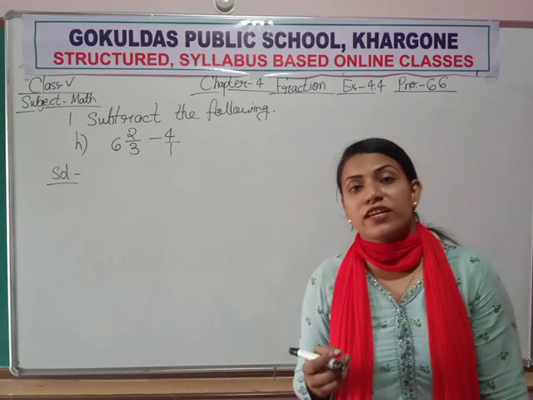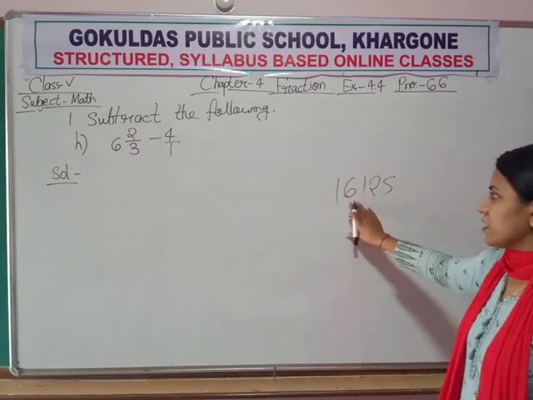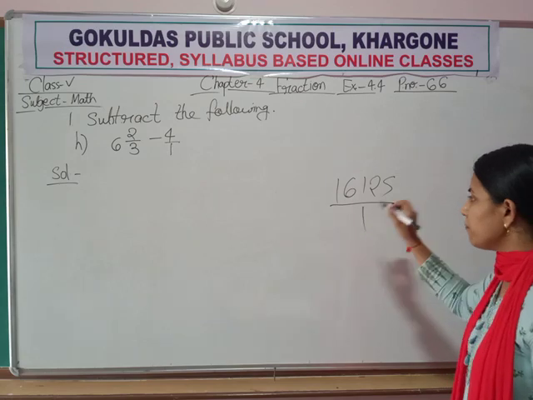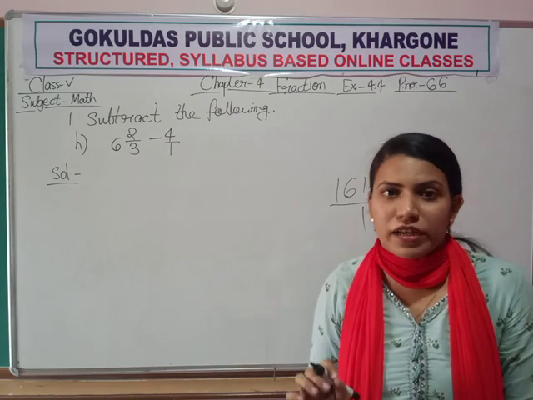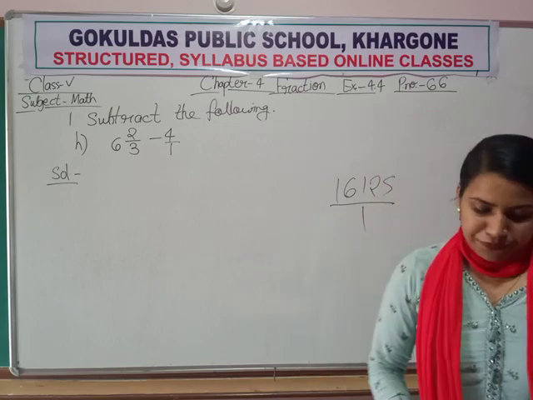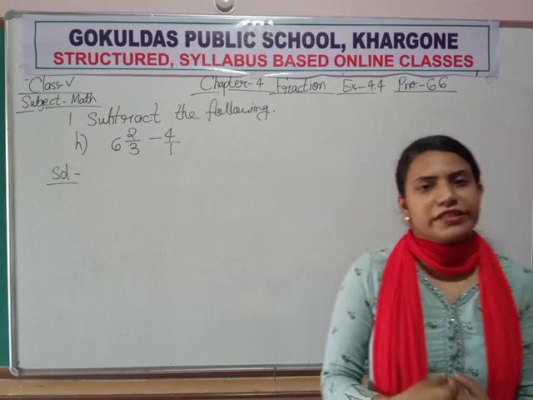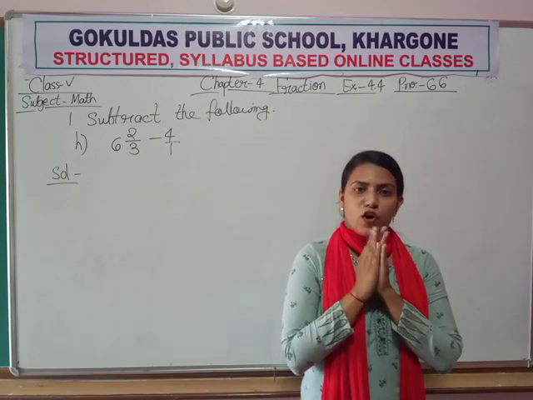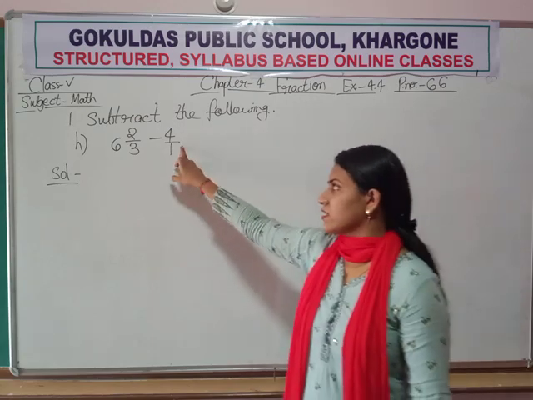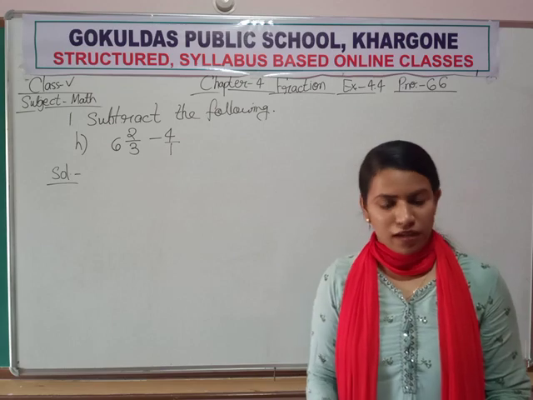If I ask you what is in the denominator of 16,125, you directly say, ma'am, 1 is in the denominator of the given number. Means 1 is the denominator of any number. So as nothing is given there, I wrote 1. It does not change its meaning.